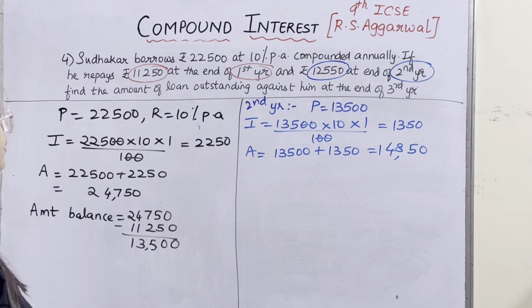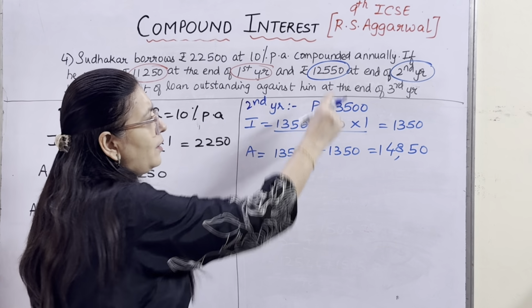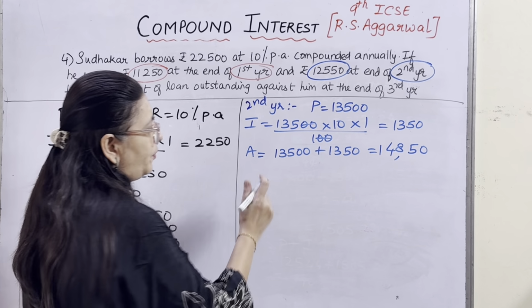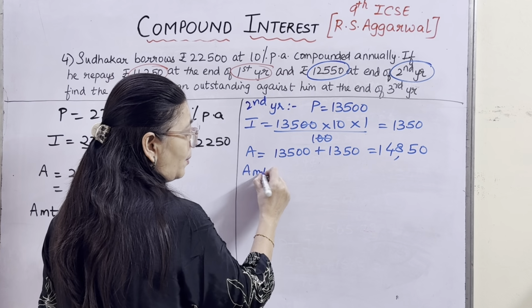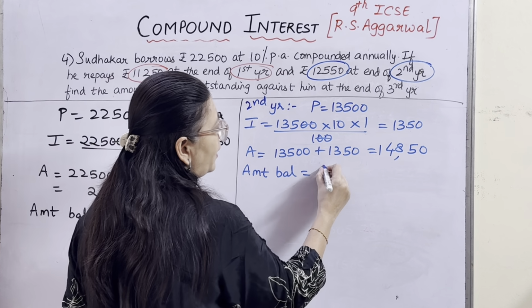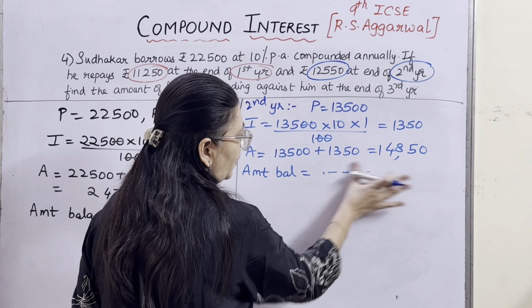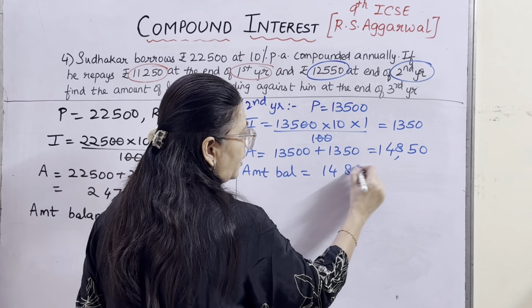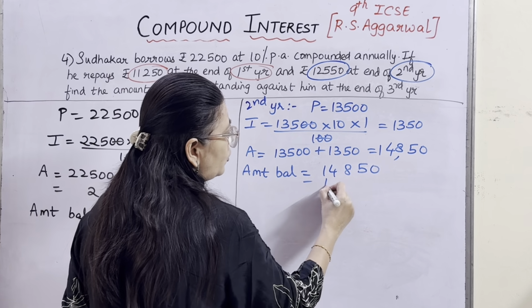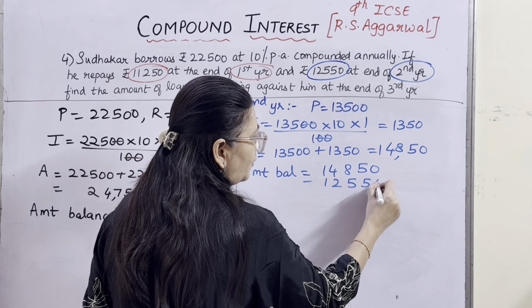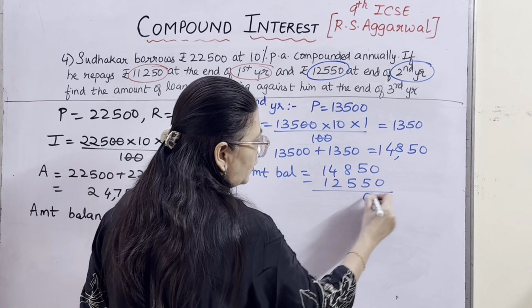And how much did he pay? He paid 12,550. So amount, what is the amount still balance? Amount balance is 14,850 minus 12,550.